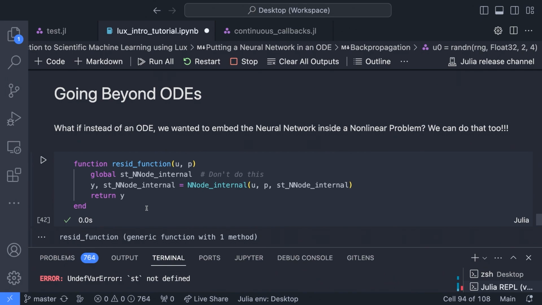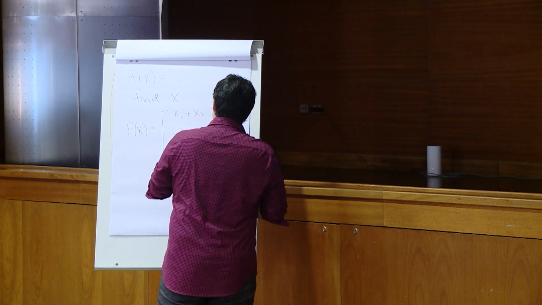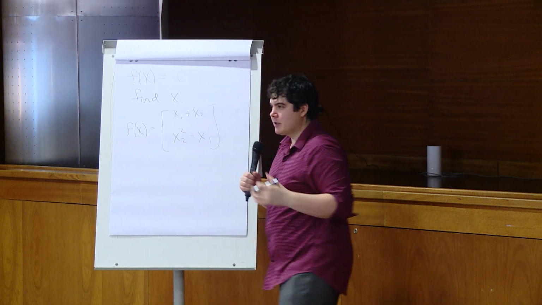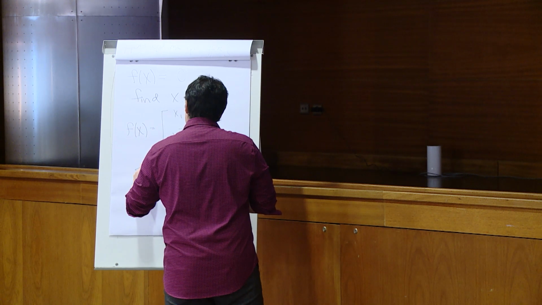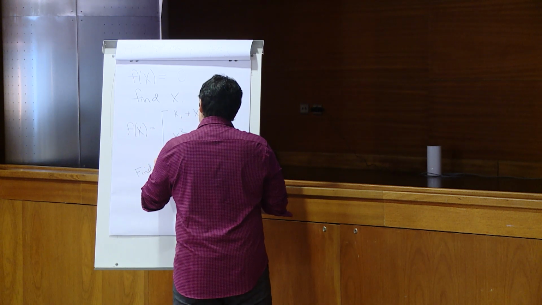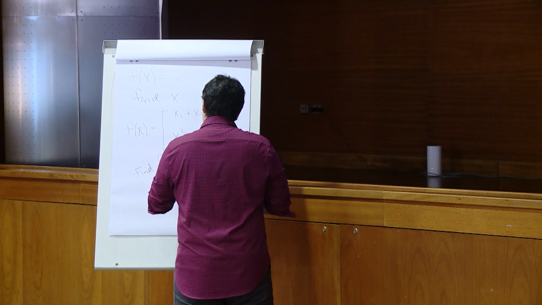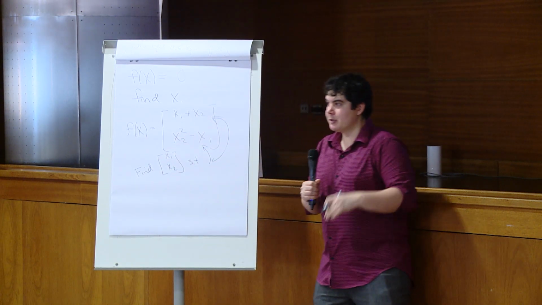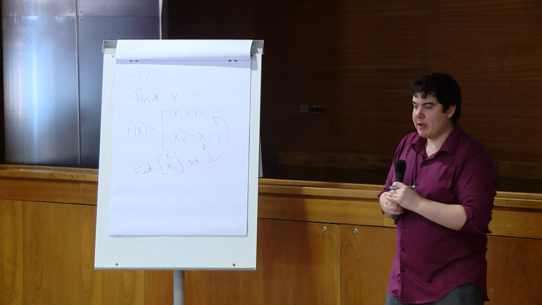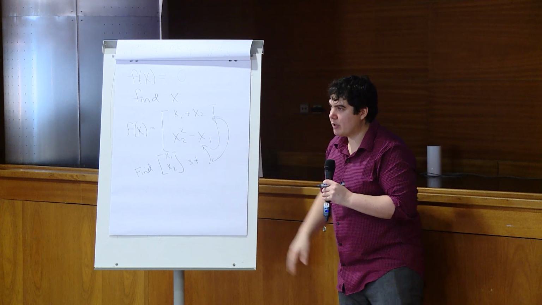So what is an example problem like this? This is like f of x equal to x1 plus x2, x2 squared minus x1. It's this kind of function where you say find x1 and x2 such that this is equal to 0 and this is equal to 0. There are a lot of mathematical models that people write as these kinds of algebraic expressions.